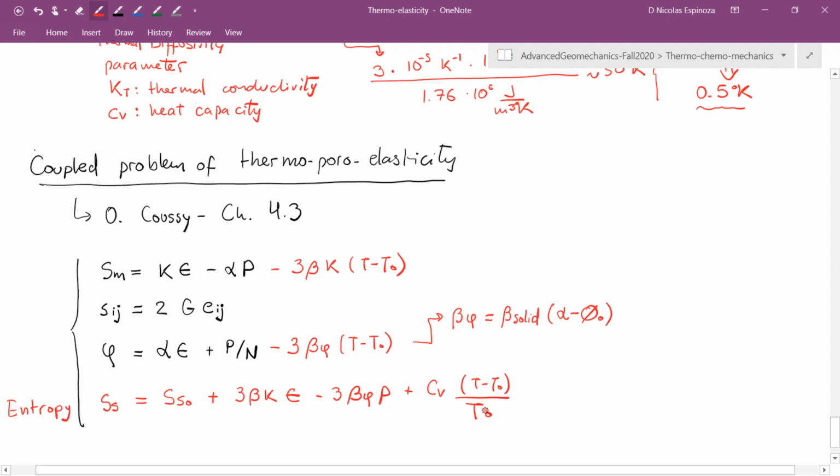So together now, these four equations are going to allow me to solve the coupled problem of thermo-poro-elasticity. These are just the constitutive equations.